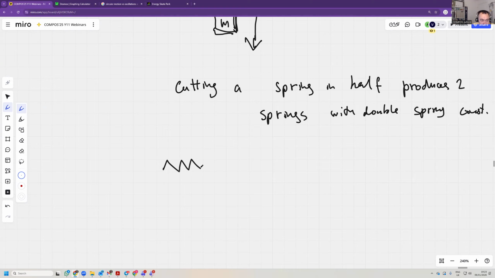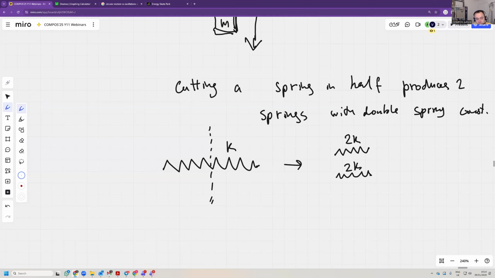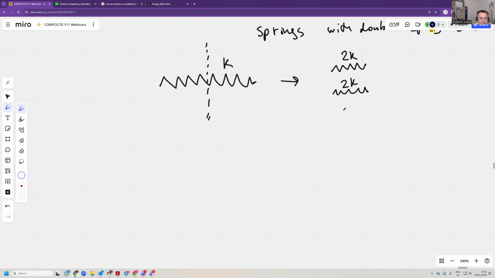So how does that work? Well, let's say we have a spring constant K. If we cut it in half, we get two shorter springs, and each has a spring constant of 2k. I can prove that, of course.